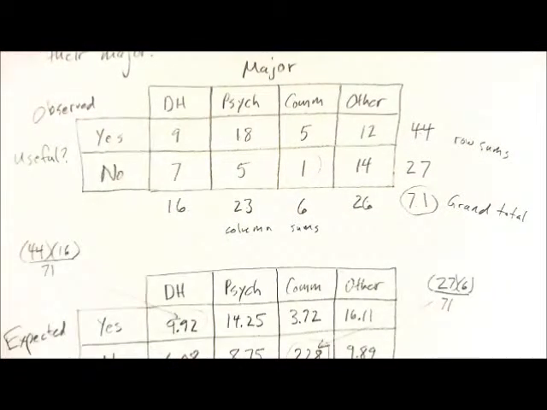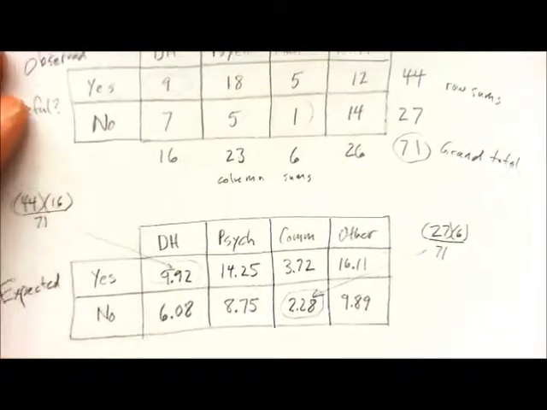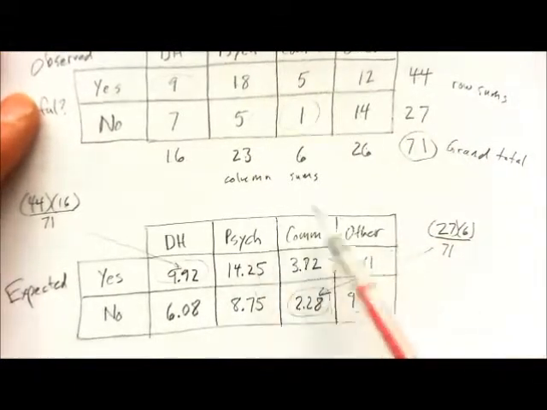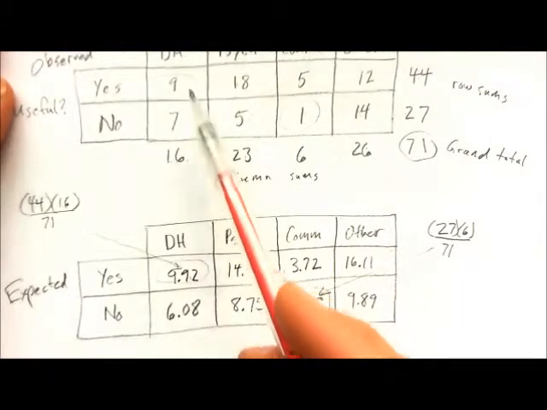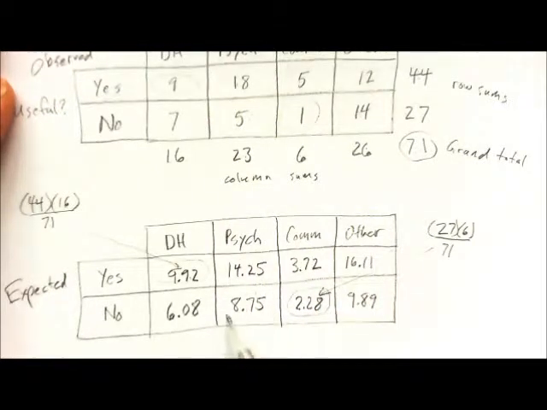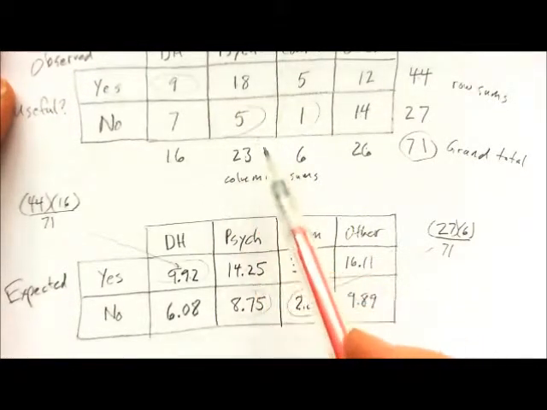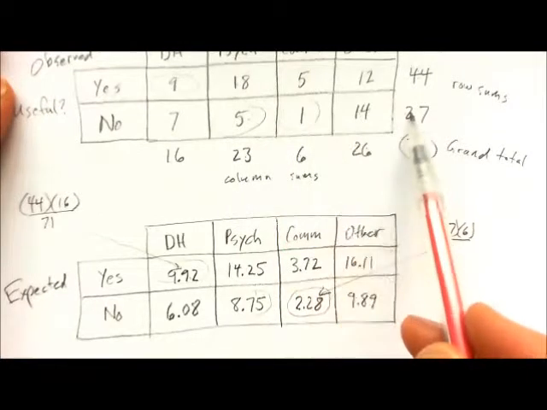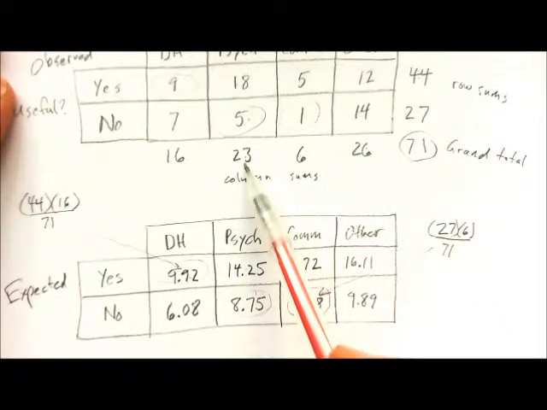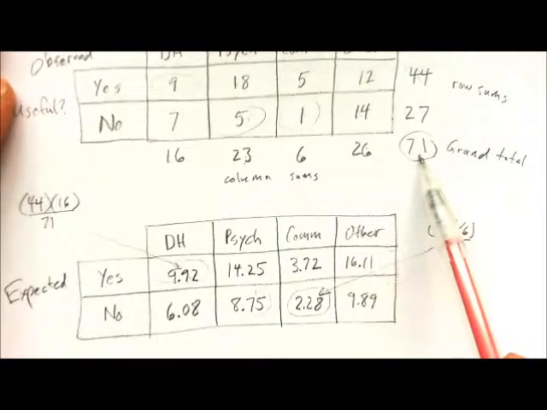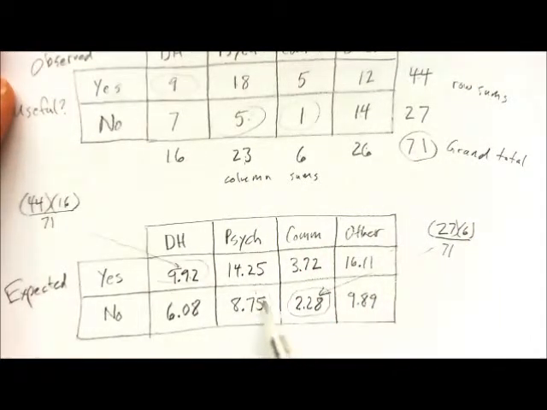Then we use those row sums and column sums and the grand total to compute these expected cell counts. And remember, the way we get an expected cell count is we go up to the previous table. So if we were looking for this cell, which corresponds to this spot, we take its row sum times its column sum, so 27 times 23, and then divide by the grand total, 71, which is where we get this number 8.75.